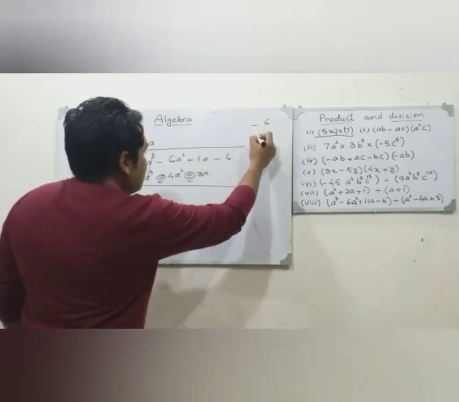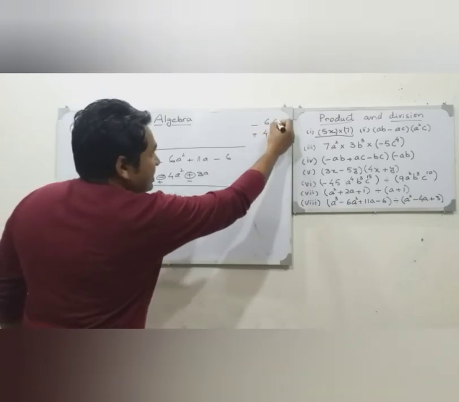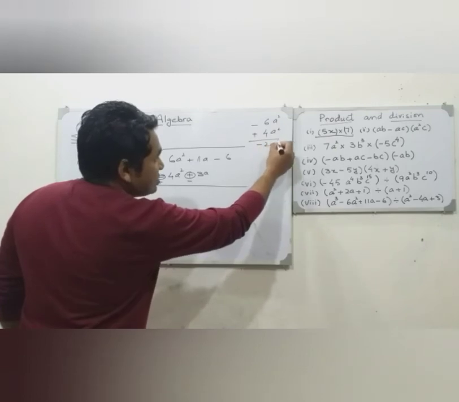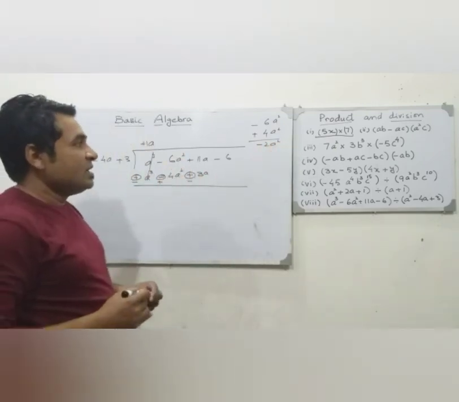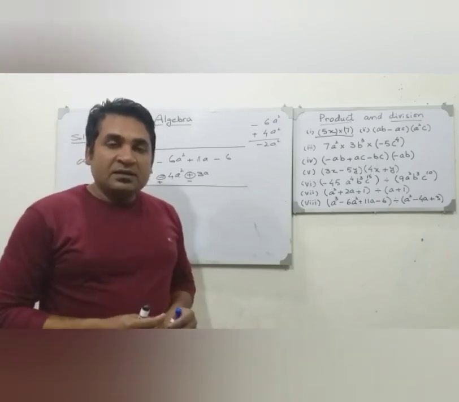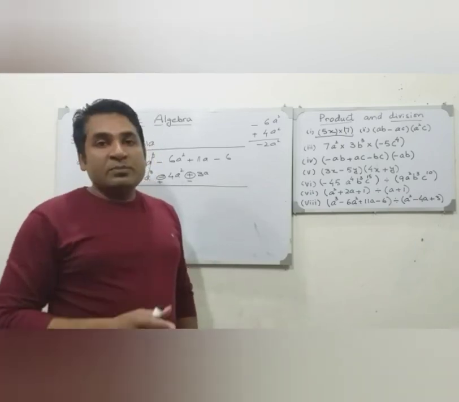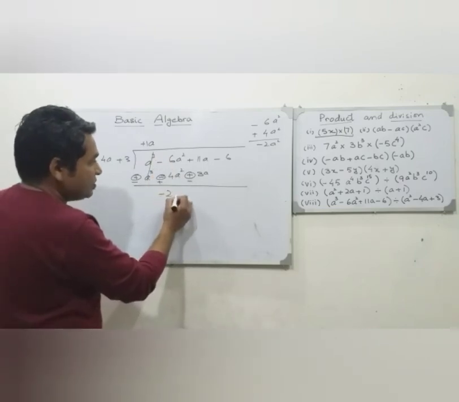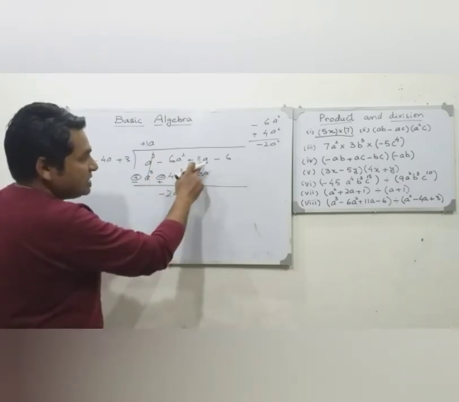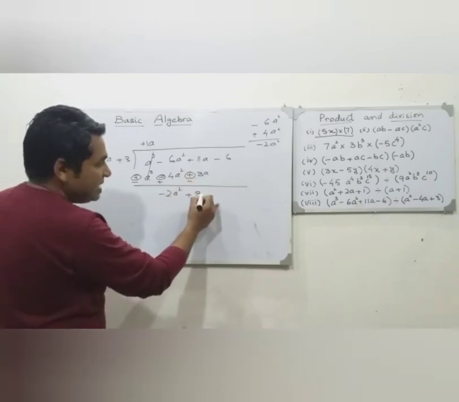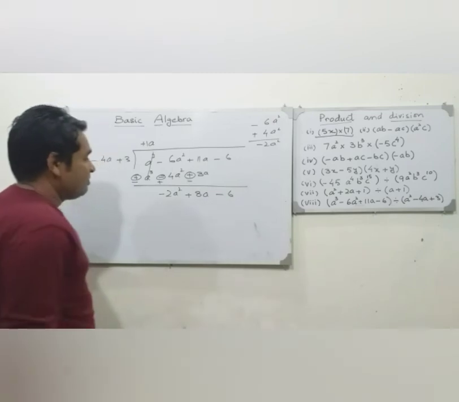Negative 6 and positive 4, a squared and a squared. So this will give you minus 2a squared. If you have watched the video about understanding the signs, you will never make a mistake. So this is giving you minus 2a squared, and this is positive 11a minus 3a. So it will give me plus 8a and minus 6.